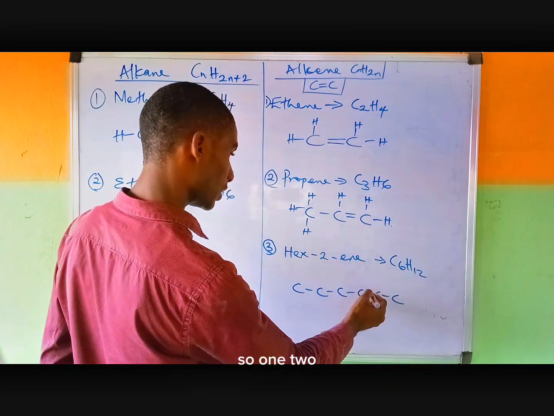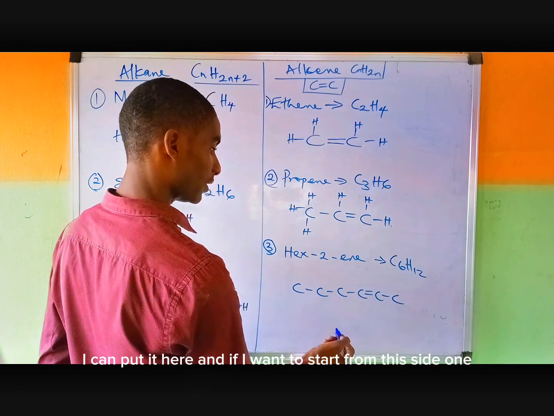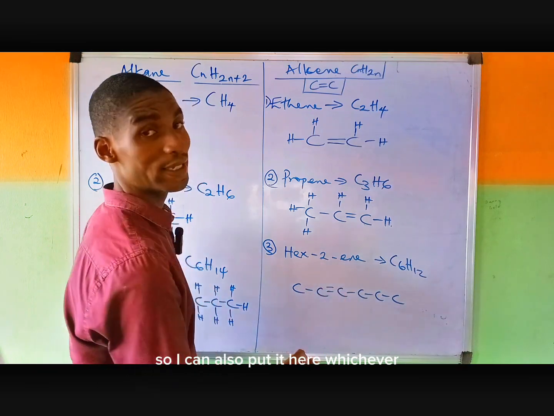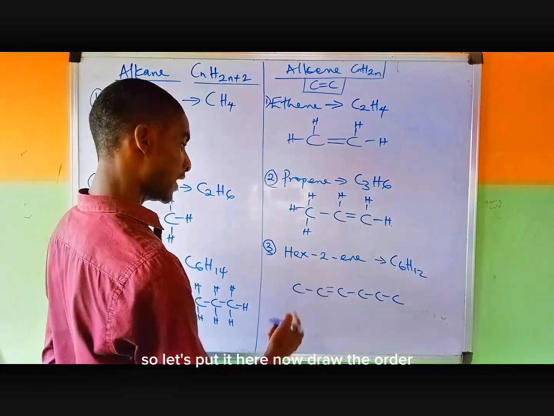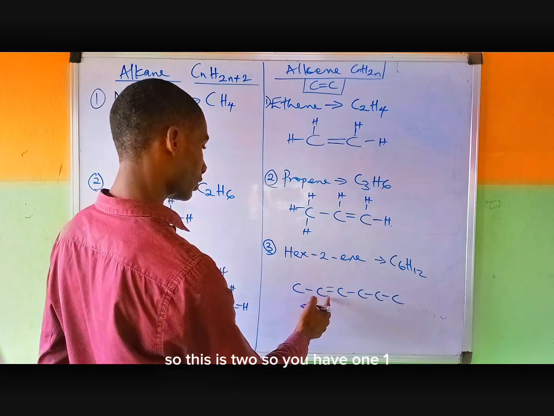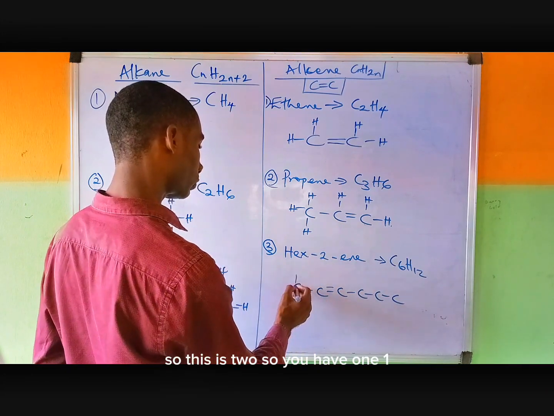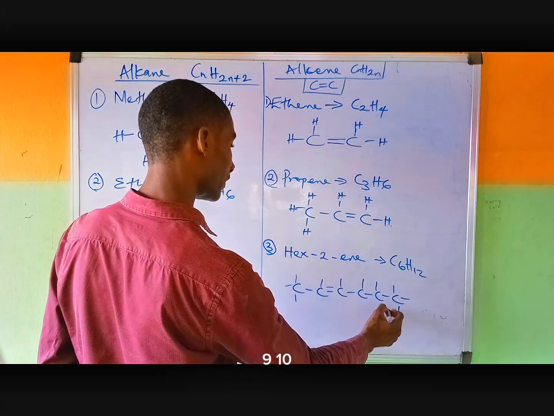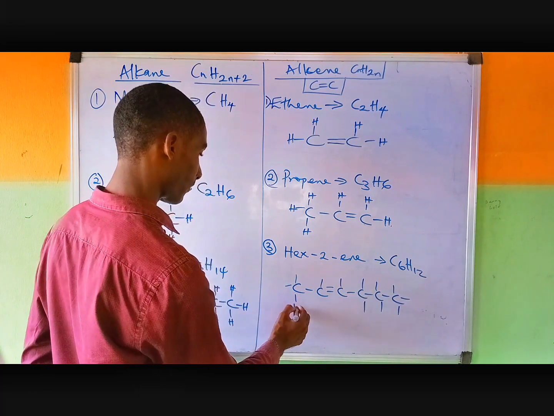So 1, 2, I can put it here. And if I want to start from this side, 1, 2, I can also put it here, whichever one. So let's put it here and I'll draw the other one. So this is 2 here. So you have 1, 2, 3, 4, 5, 6, 7, 8, 9, 10, 11, 12.